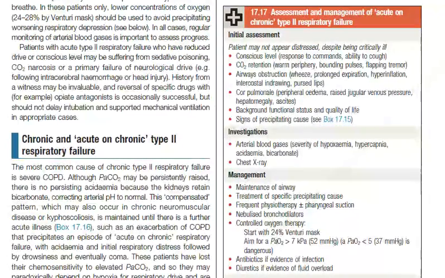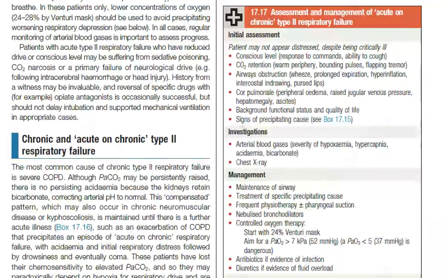Now, assessment and management of acute and chronic type 2 respiratory failure. Initial assessment. The patient may not appear distressed despite being critically ill. Conscious level, response to commands, ability to cough, carbon dioxide retention, warm periphery, bounding pulses, flapping tremor.